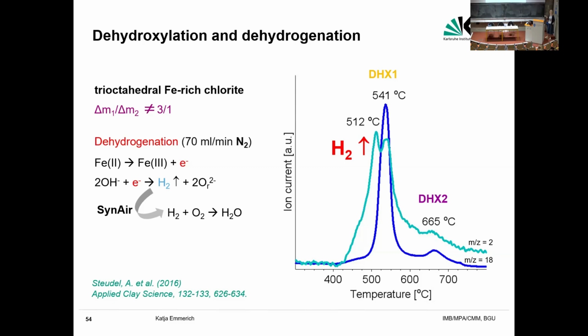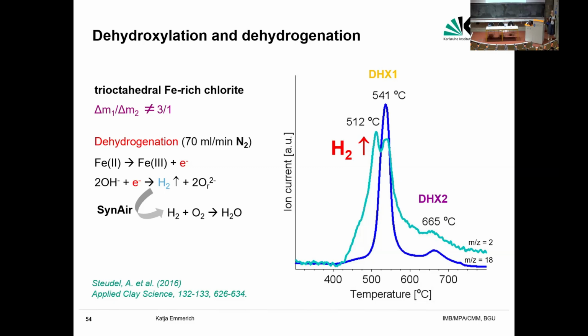We could show this for one chlorite with a very high iron 2 concentration in the structure. There we were able to detect evolved hydrogen by mass spectrometer, and you see here that there is an additional peak that you cannot see in the evolved water. When you know about mass spectrometry, the gas molecules are ionized and broken, so you have a so-called cracking pattern.